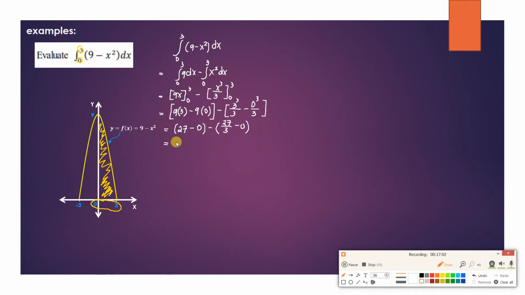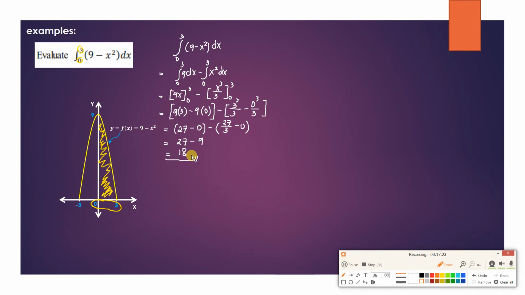Okay, continue answering. So we have 27 minus 27 over 3, which is 9. So, we're going to have the answer the same as using Riemann sum, 18. Okay, so pwedeng ganyan yung methodology.